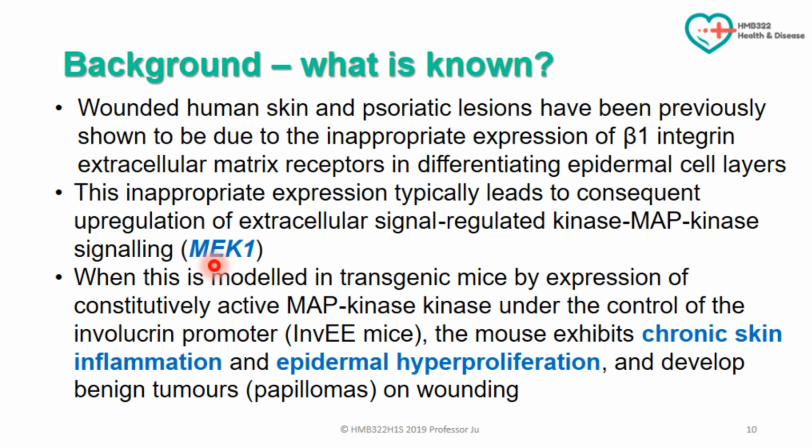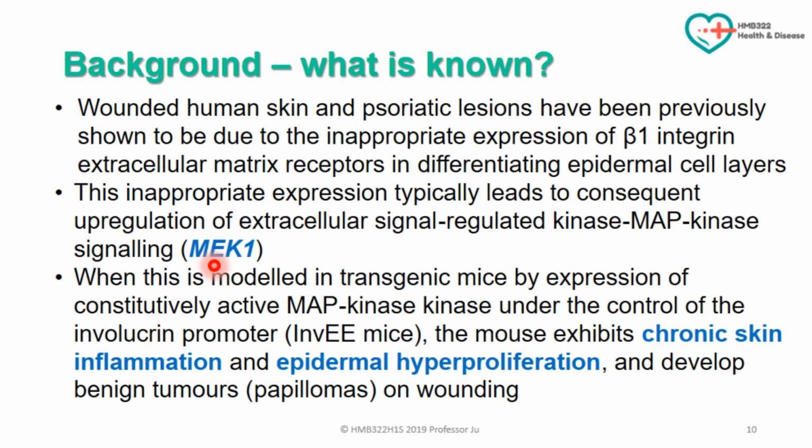So these mice have overexpressed MEK1, which we typically see in wounded tissue, and if you take these transgenic mice and wound them, then their wounds undergo hyperproliferation, they form benign tumors or papillomas, and they have all of the hallmark features of what we would look at in chronic wound healing.